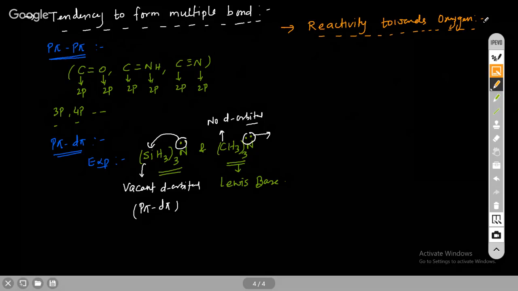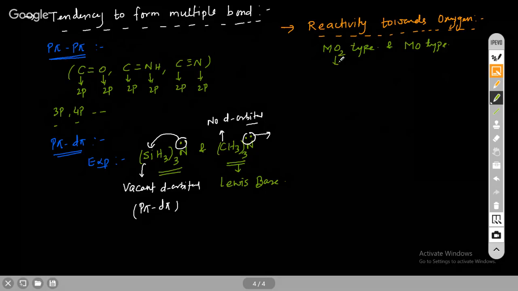The elements of group 14, when heated with oxygen, form an oxide of MO2 type and MO type.